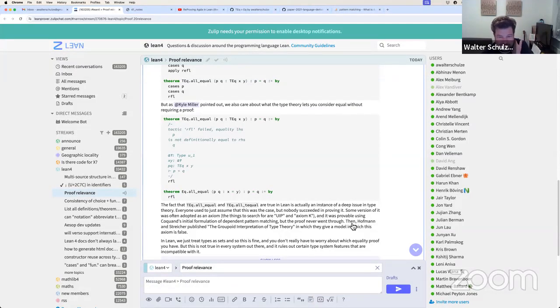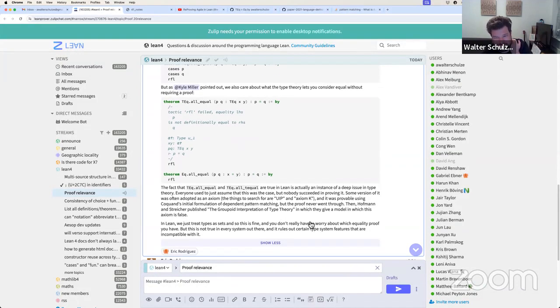It was provable using Coq's initial formulation of dependent pattern matching, but the proof never went through. Then Hofmann and Streicher published the groupoid interpretation of type theory, in which they give a model in which this axiom is false.